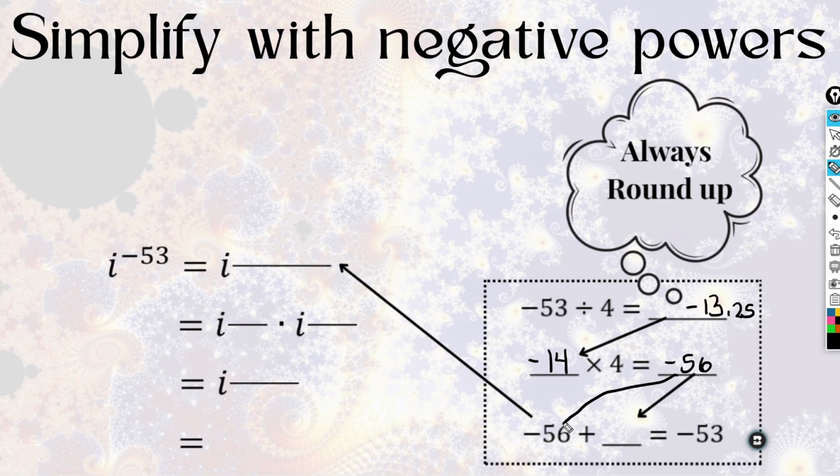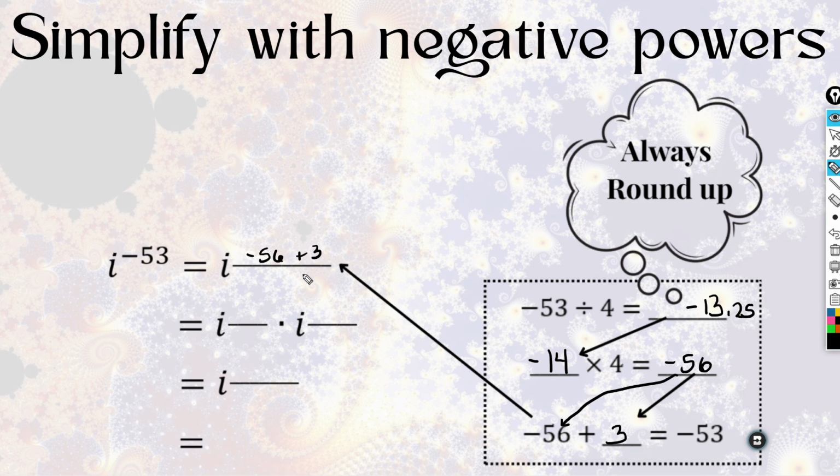So that negative 56 comes down. And then negative 56 plus what is negative 53? We would need to add 3. This information is going to come over here. So negative 56 plus 3.